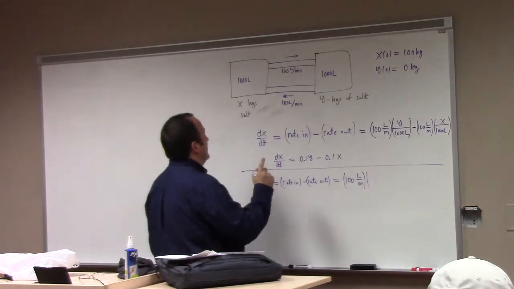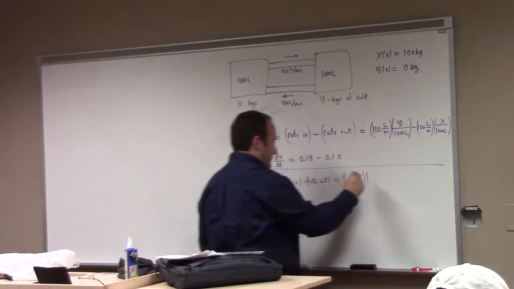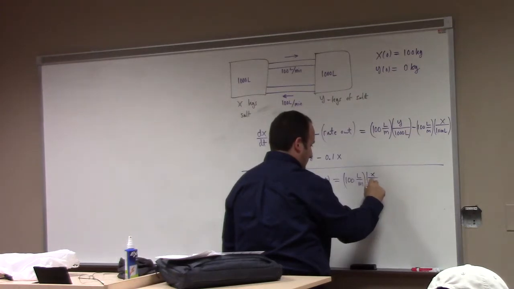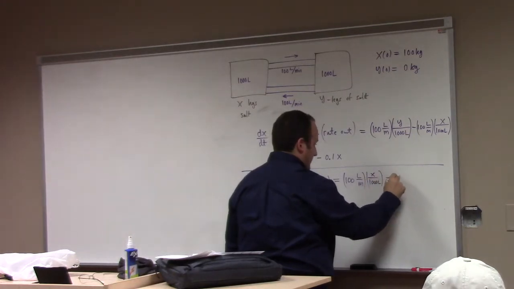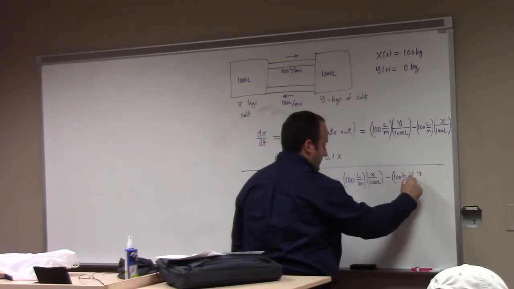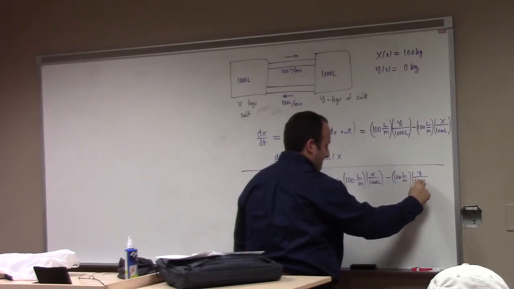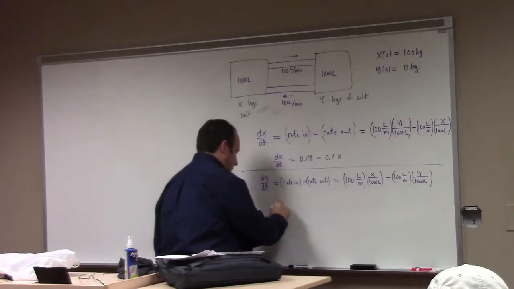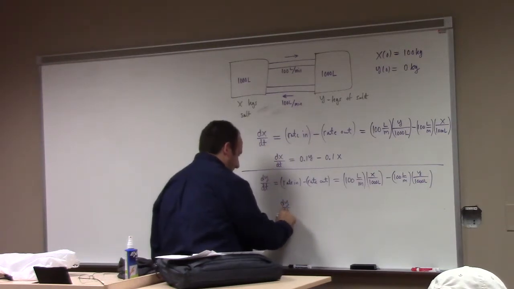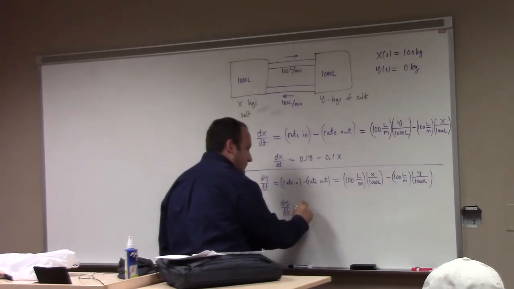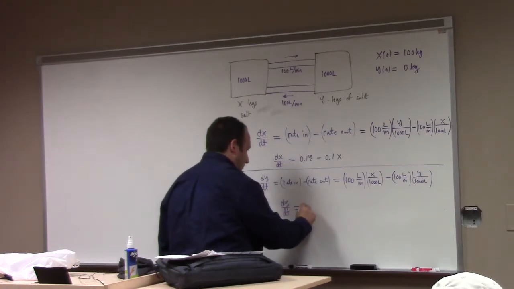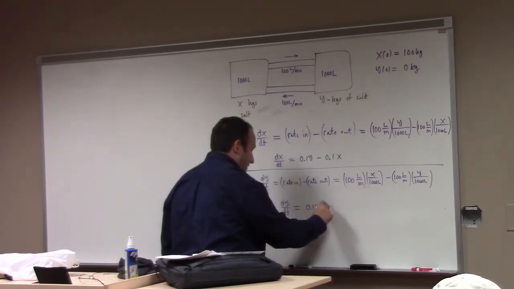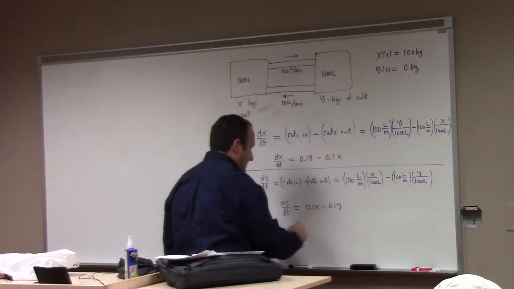And where's y coming from? So x over 1,000 minus 100 liters per minute times y over 1,000. In short, we face dy/dt equals to 0.1x minus 0.1y.